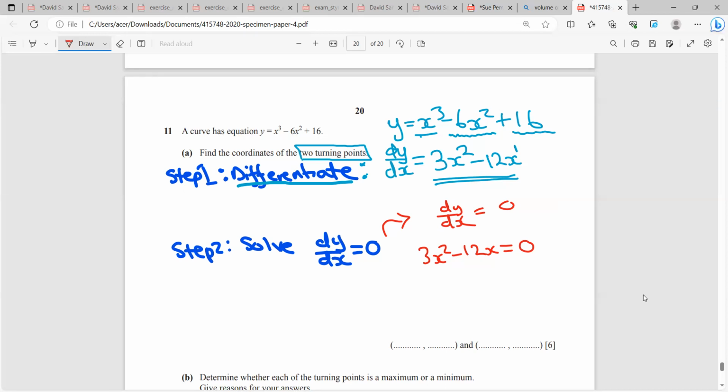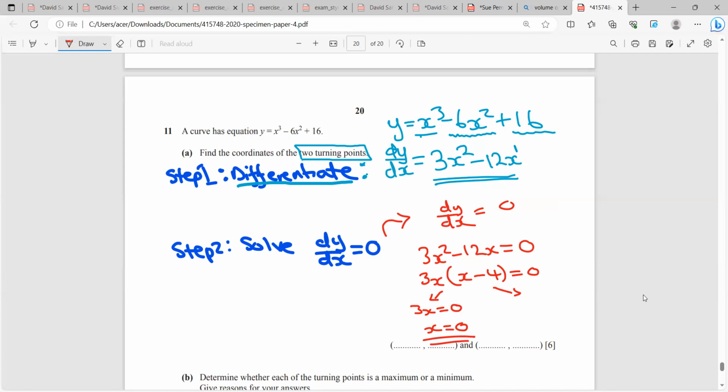I'm going to take out 3x, and inside the brackets, we will have x minus 4. Are we together? Equals 0. Yes, sir. Then we'll split our brackets. The first bracket will be 3x equals 0. This will give us x is equal to 0, even after we divide.